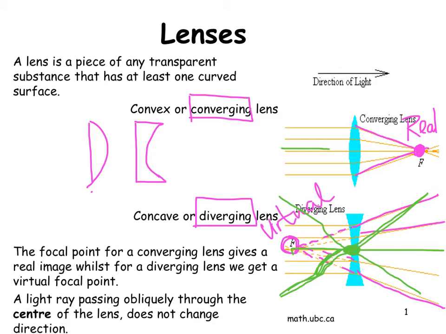The same thing is true over here. This light ray does not bend. That one doesn't bend, as they're going through the optical center of the lens. They do not change direction.